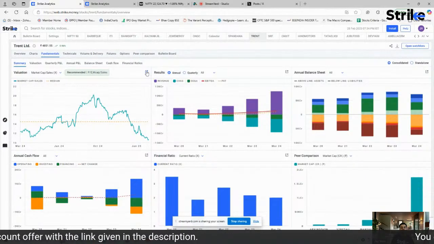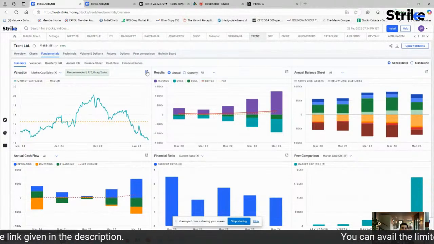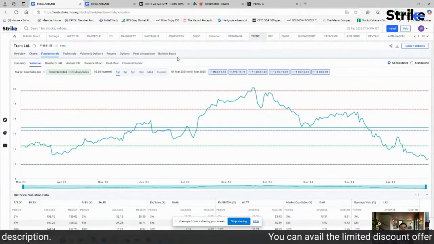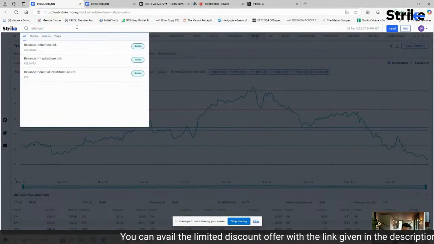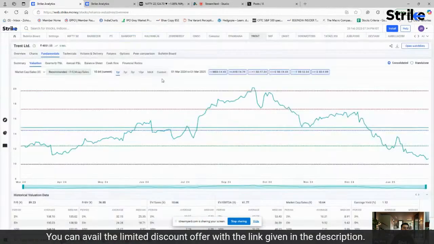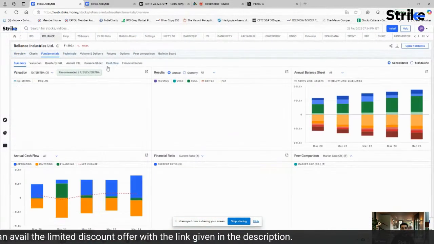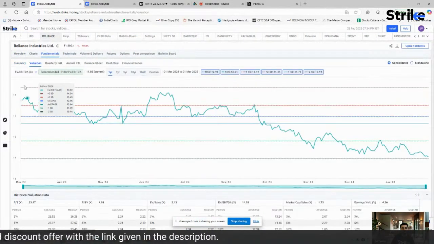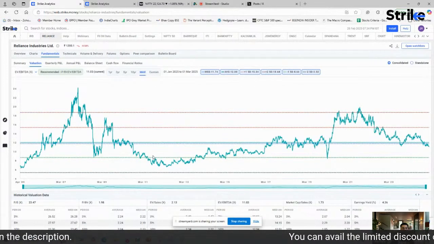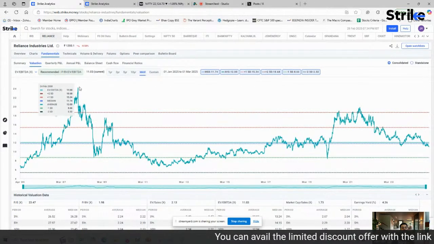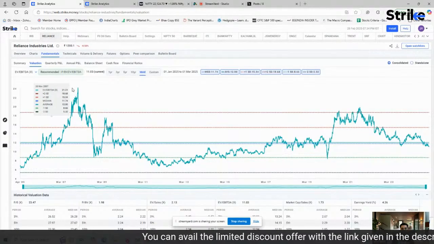Now one thing that people will be happy to know is that we have actually put almost 20-25 years of data, starting from I think 2004. So if you select this valuation parameter and choose max, you will be able to see the valuations of 2007-8 as well.